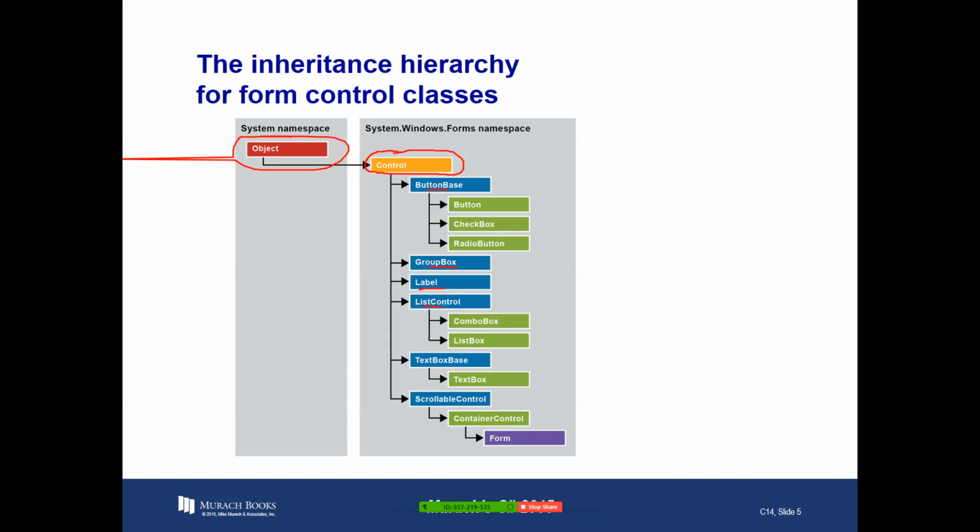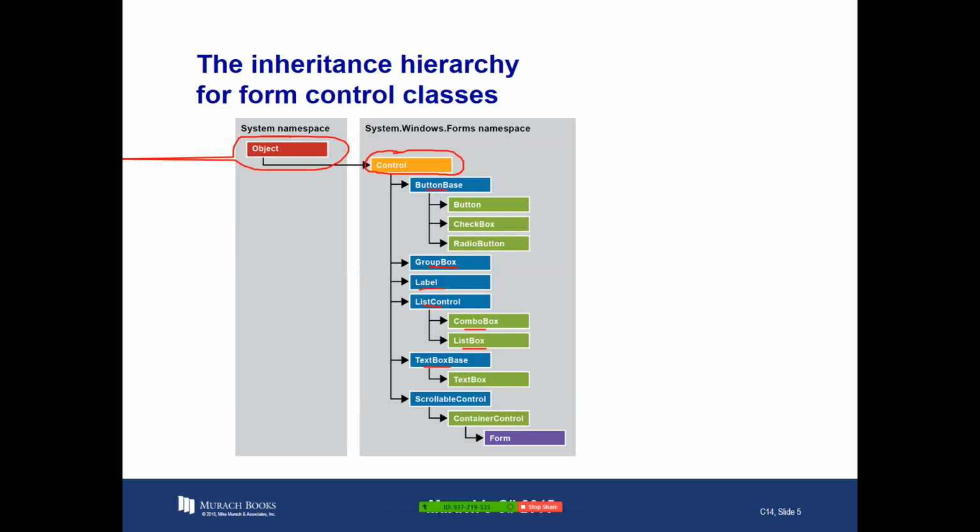There's a list control class, and from the list control class we have combo boxes, which we've used, list boxes, which we've used. There's text boxes, which are derived from the text box base class. The reason that there's actually a text box base class is because there's actually a couple of other kinds of text boxes. There's something called a rich text box. We don't use any of those in this class, in ITS148, where we only use the text box class. But the rich text box class, you can do fonts and so on.